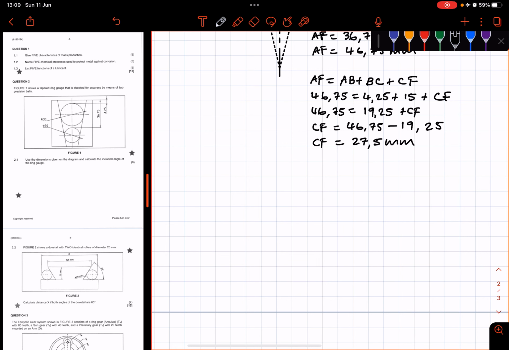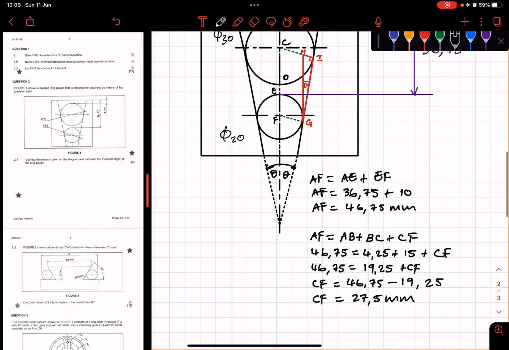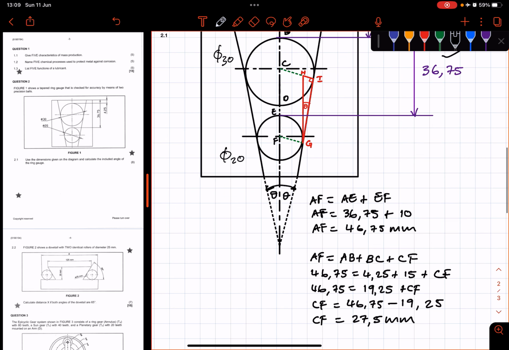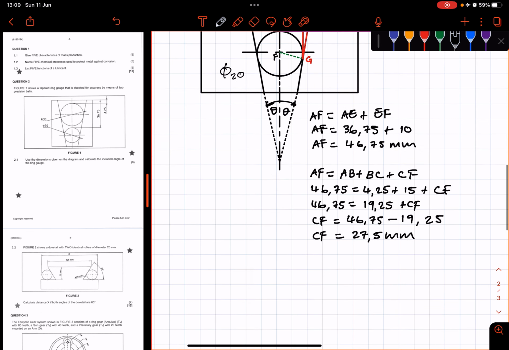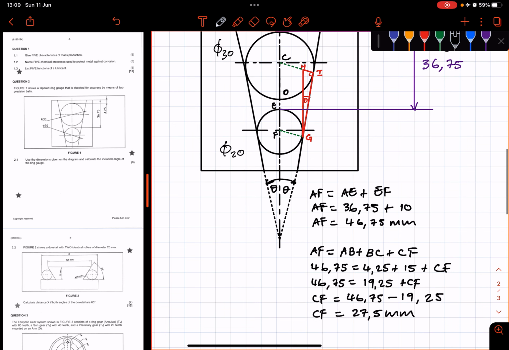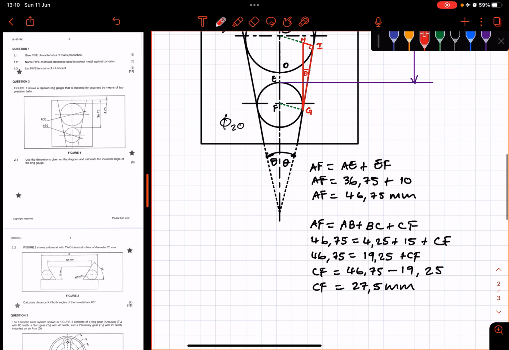27,5 millimeters, right? So CF is equal to 27,5 millimeters. So if CF is equal to 27,5 millimeters, it means HG is equal to the same. Remember, CF and HG are congruent, hence they are equal.